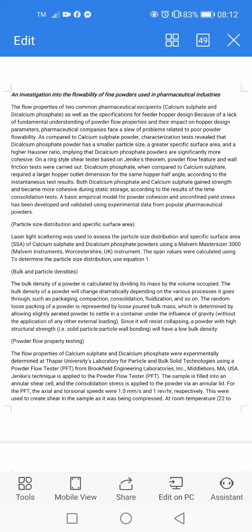So the first part, we have the particle size distribution and specific surface area. According to them, laser light scattering was used to assess the particle size distribution and specific surface area in the flowability of fine powders.